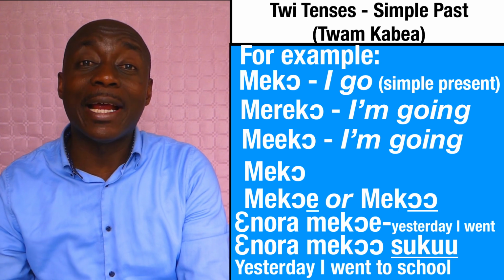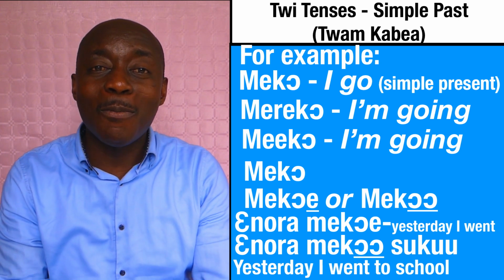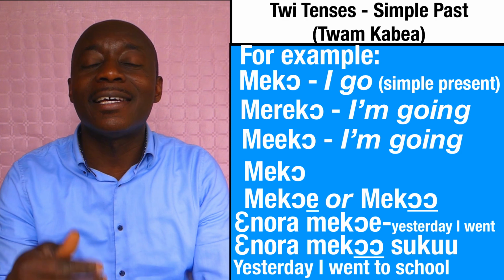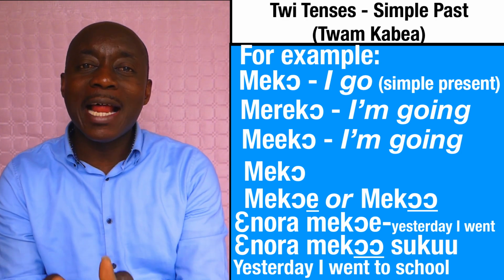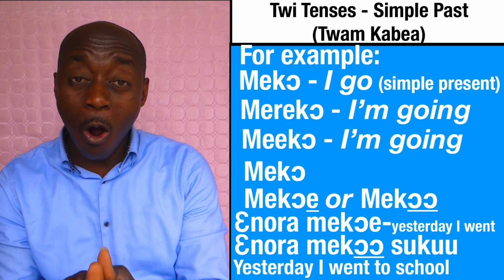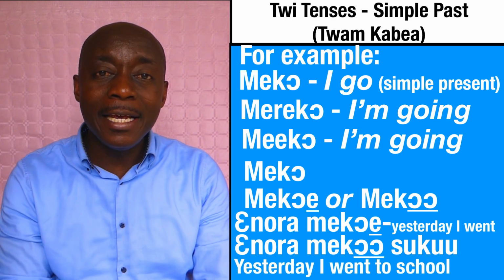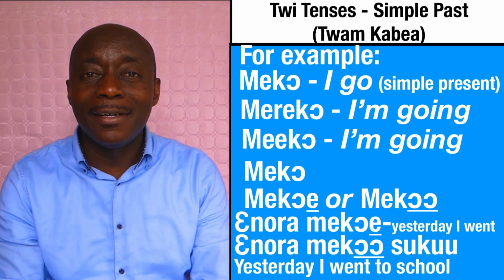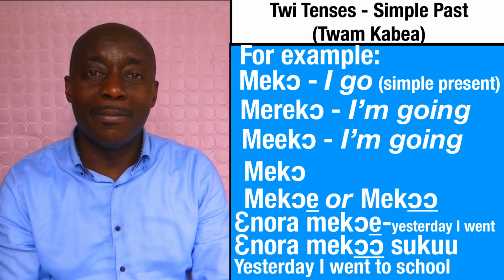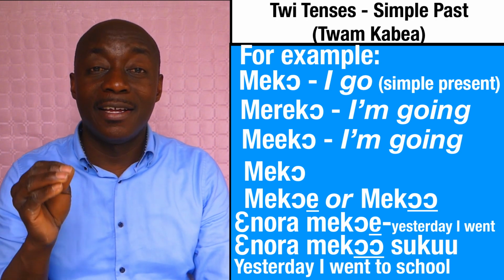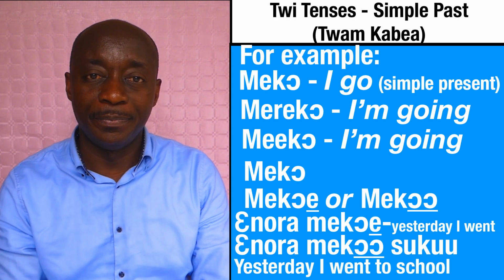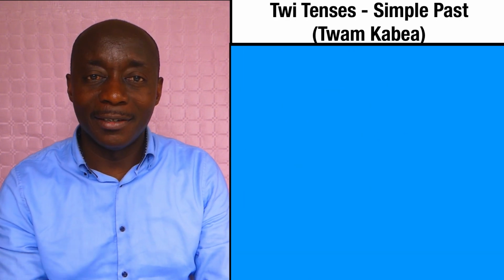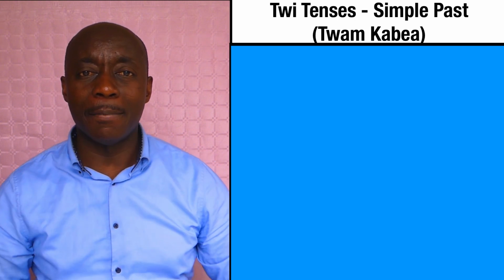That is where I went. So I will double the vowel that ends the verb. So you either double the vowel that ends the verb, or you add e or i to the verb, or you suffix the verb with what? I or e. Good.